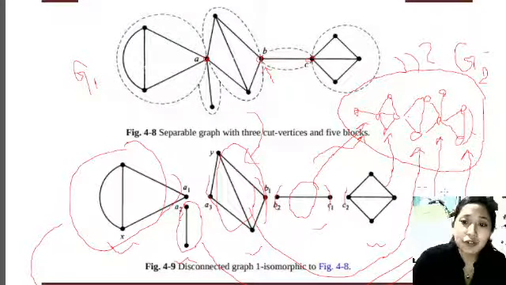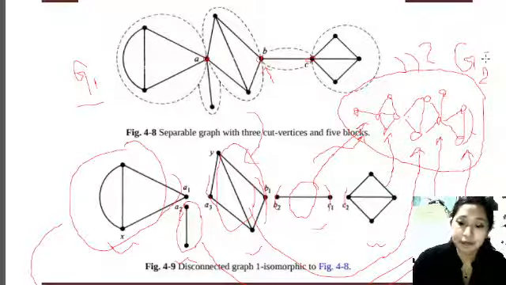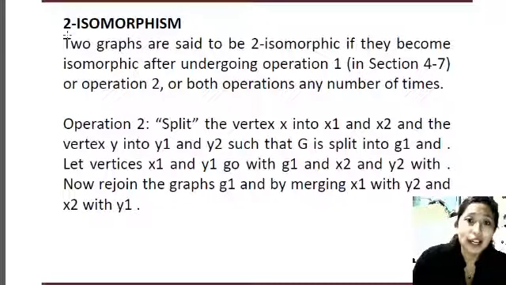So if it is possible to get graph G2 after applying operation 1 and combining the various blocks, then we can say that graphs G1 and G2 are one isomorphic to each other. Now the next one is two isomorphism.